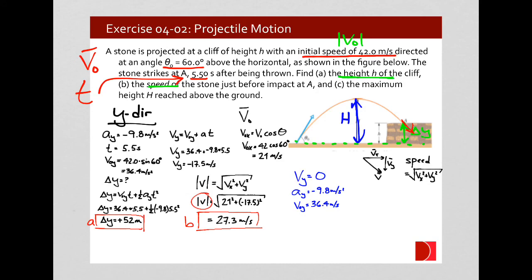And so if we're talking about leaving the ground and going up to the peak spot, then the height reached is in fact the displacement during that part of the flight, going from the ground up to the very top. And so we can use another kinematic equation and find out what that peak height is.